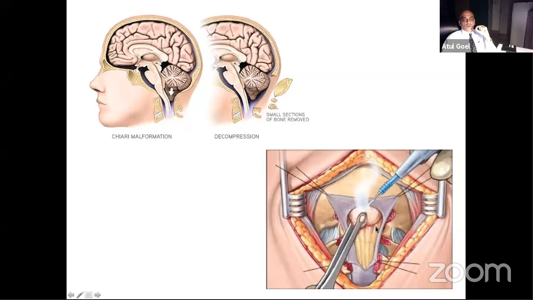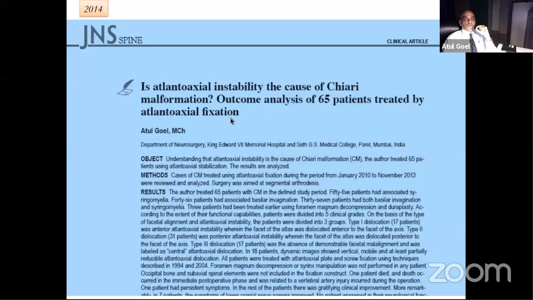Foramen magnum decompression, dural decompression, tonsillectomy, and various kinds of treatment are recommended for Chiari malformation. A few years ago, I wrote that atlantoaxial instability is the cause of Chiari malformation and atlantoaxial stabilization is the treatment. This is a complete revolution in the field of neurosurgery, a complete revolution in the field of Chiari malformation.